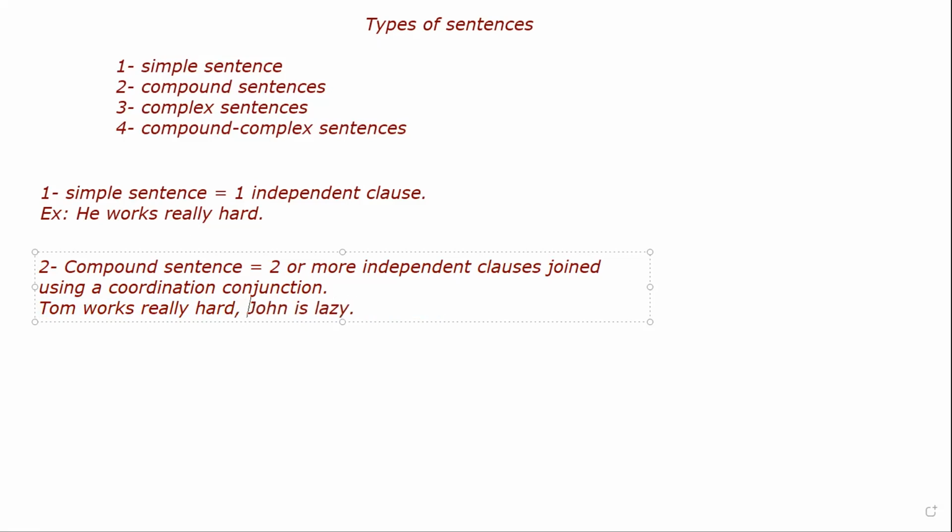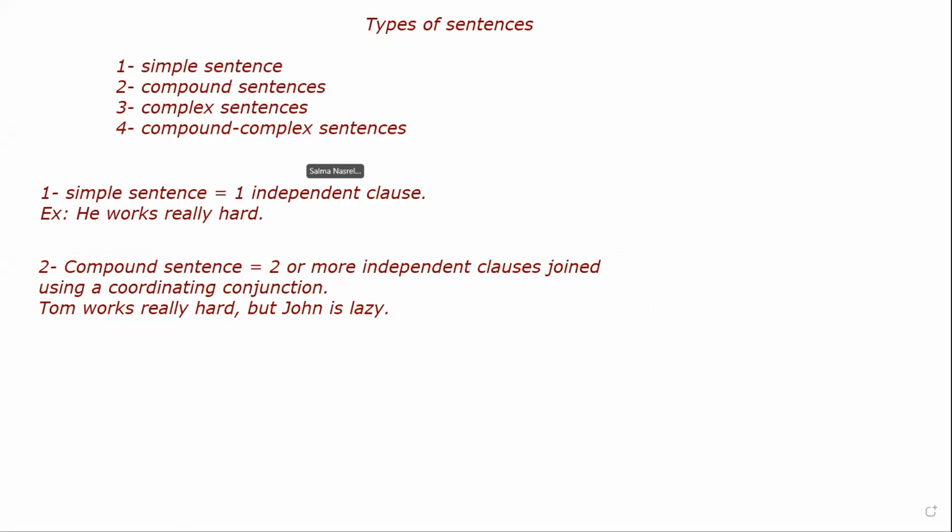So independent clause, put a comma, use but, then the other independent clause. All right, so here I had two independent clauses and I joined them using a comma and a coordinating conjunction, or one of the fanboys, but. I'm using here comma and but to join them together. This is compound sentence. Two or more independent clauses joined using a coordinating conjunction.